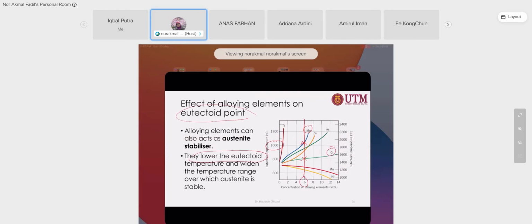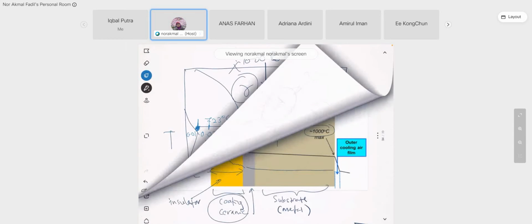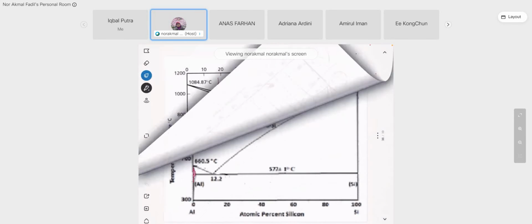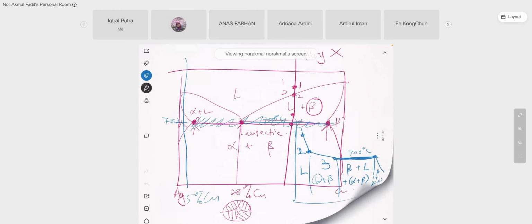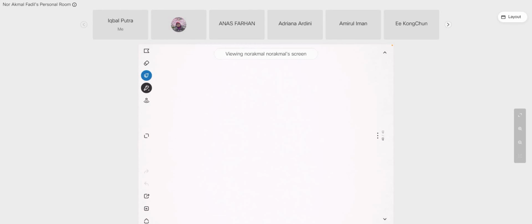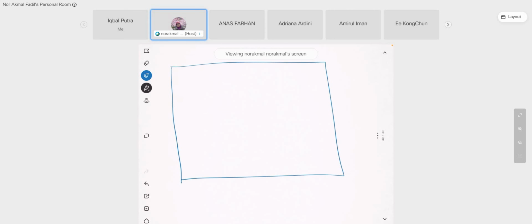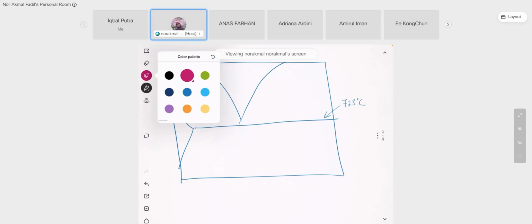Again, let me show you. Let's say this is the original temperature, without the element, which is 723 degrees Celsius. And then you add chromium.